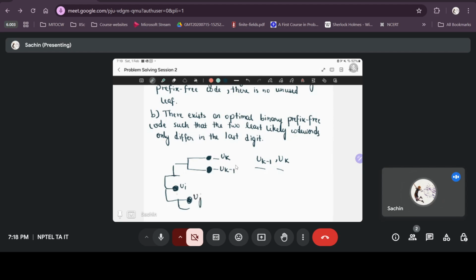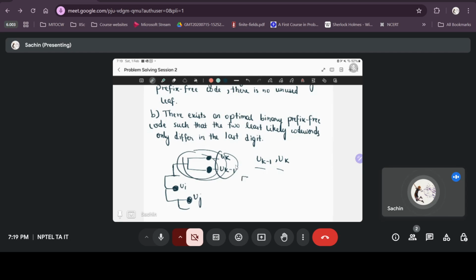Now, effectively, the average code word length will decrease by doing such a swap because the lower probability messages are being assigned higher length code words.